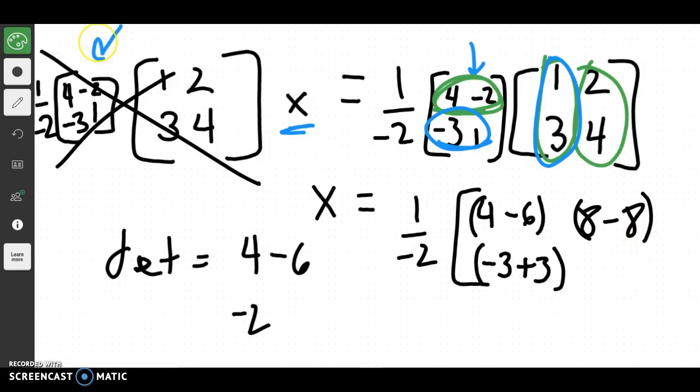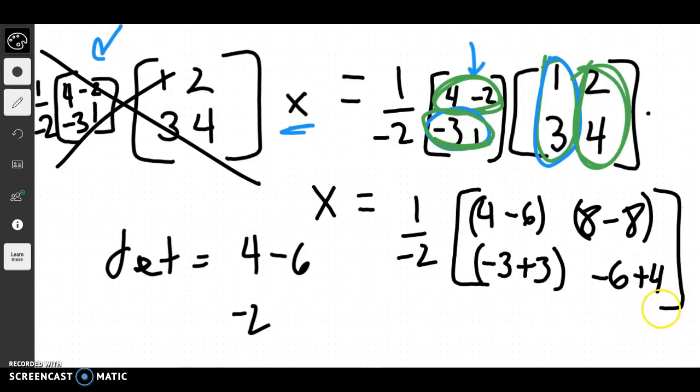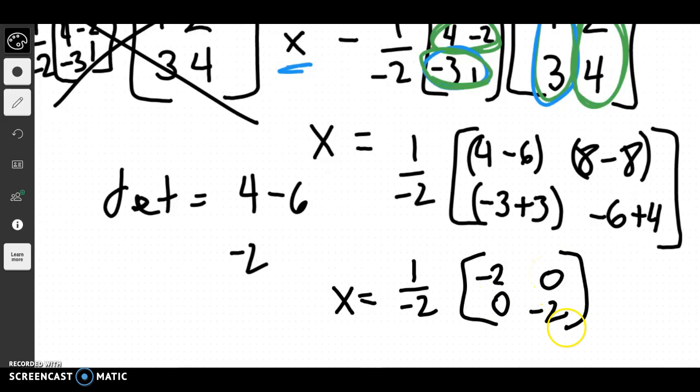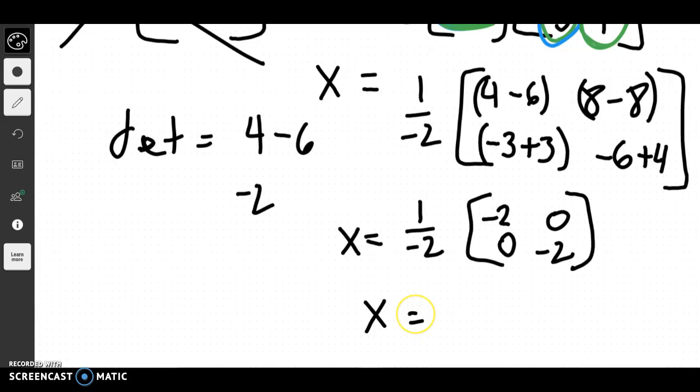And then we'll go row by column one more time, and I should get negative 6 plus 4. And that is negative 1/2 times negative 2, 0, 0, negative 2. And if you simplify that down, you get 1, 0, 0, 1, which is the identity.